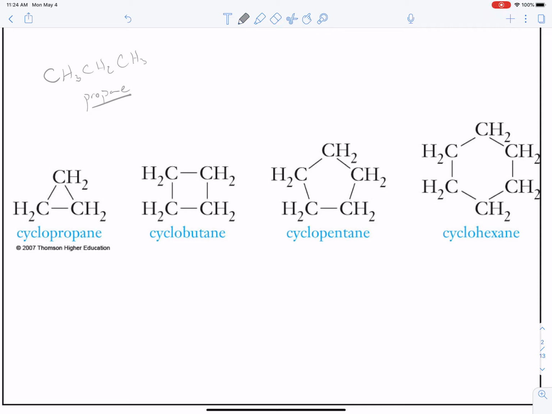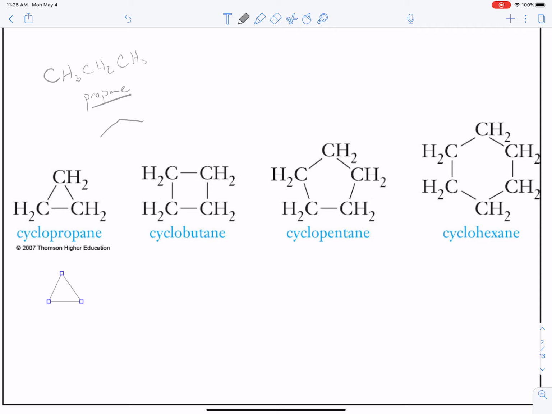Now, propane you can draw like this, right? It's just kind of the flying V. Cyclopropane, how would you draw that? It's just a triangle. Well, I can draw that better. Watch this. Bing! How about that? That work for you? It works for me.